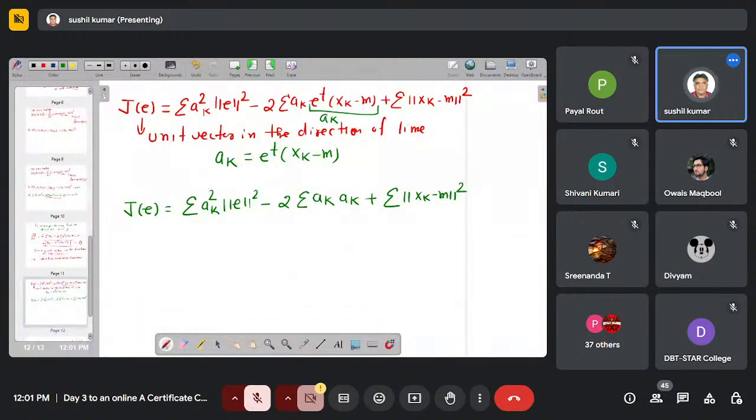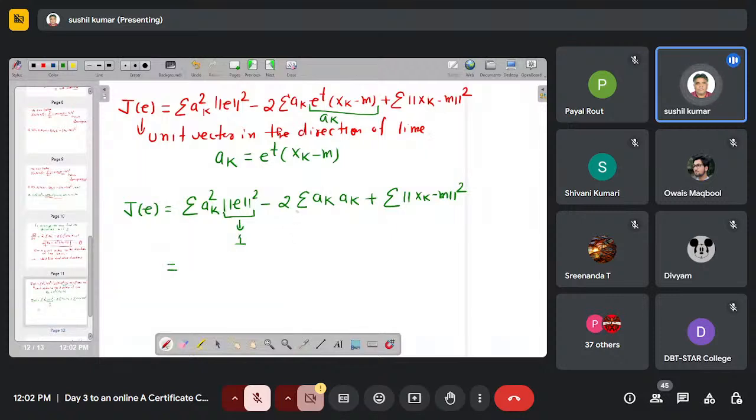So E again is a unit vector and that is not required for the calculation. The mod of E is not required actually, this portion will be converted into 1. So what it will give you?